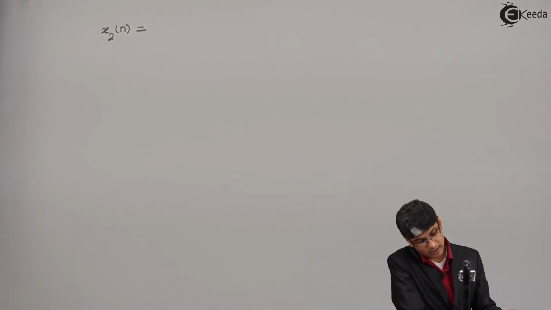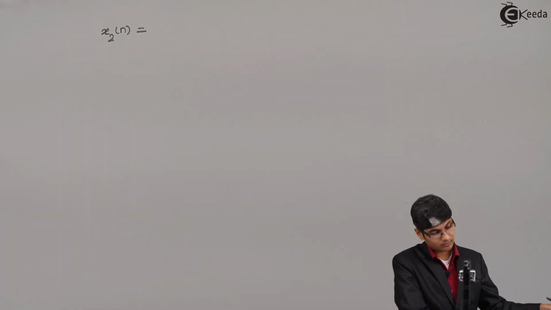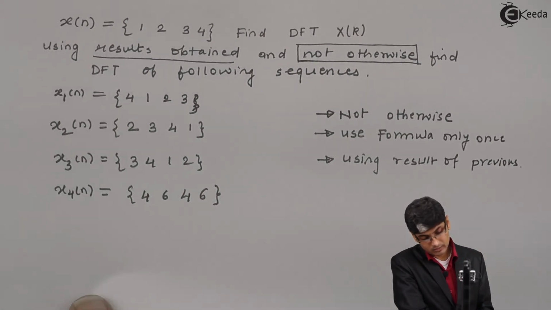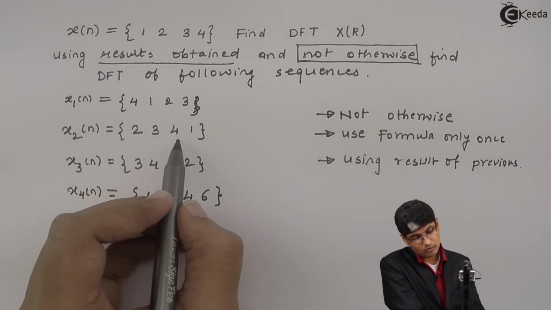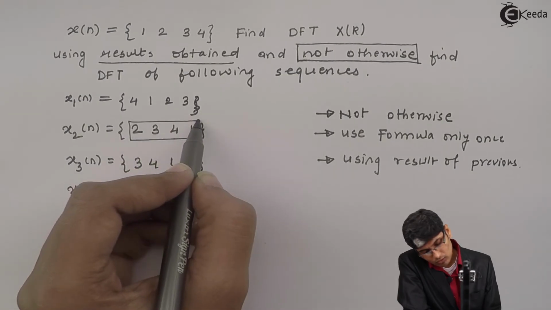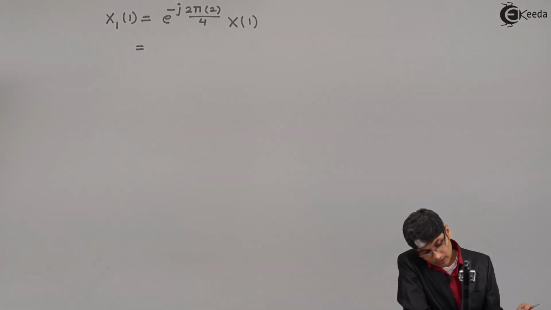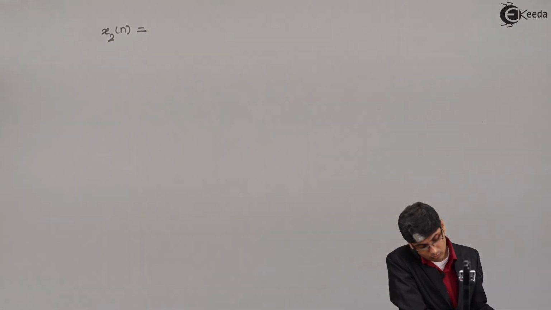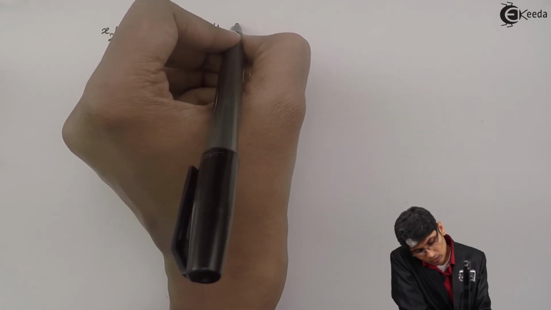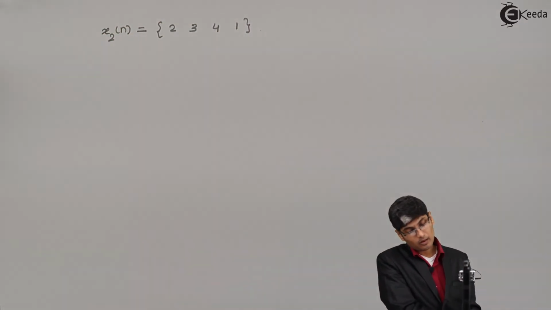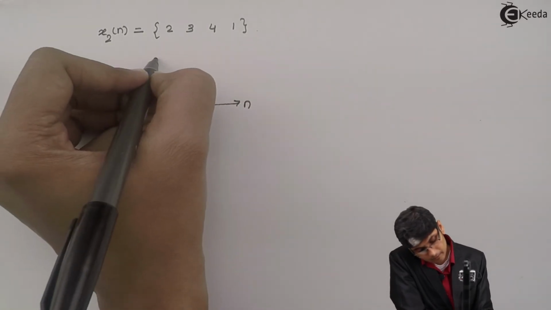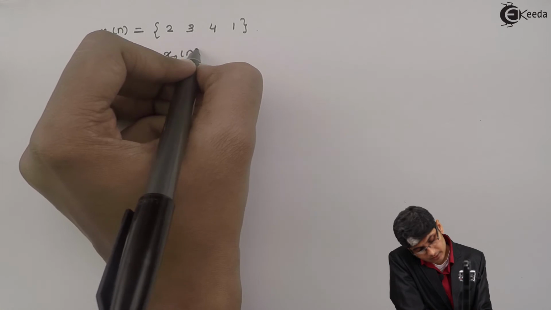x2 of n for the given problem is 2, 3, 4, 1. So I will take x2 of n as 2, 3, 4, 1. Let us draw this, x2 of n.